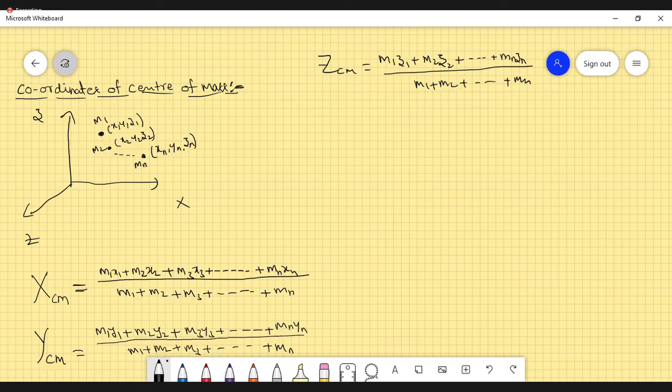So these are the coordinates of the center of mass. Do you understand?